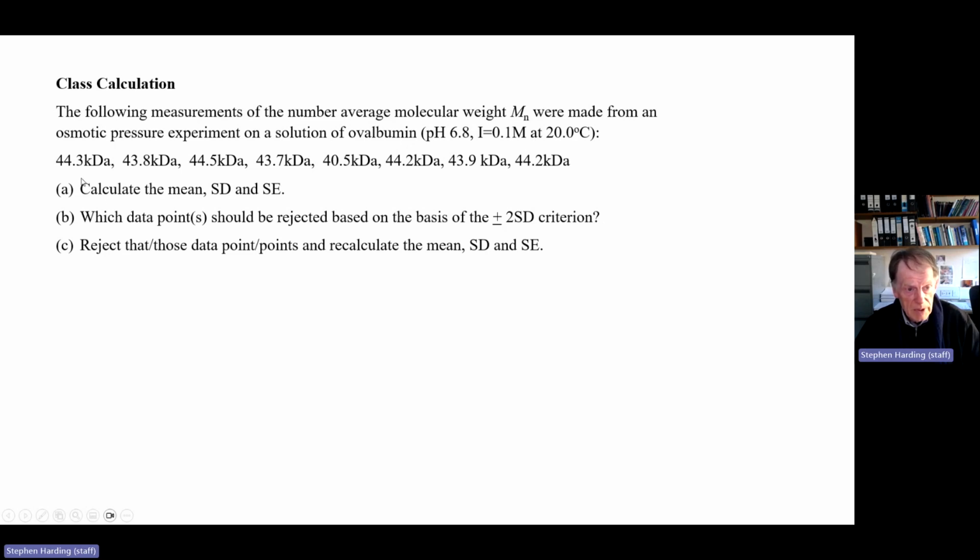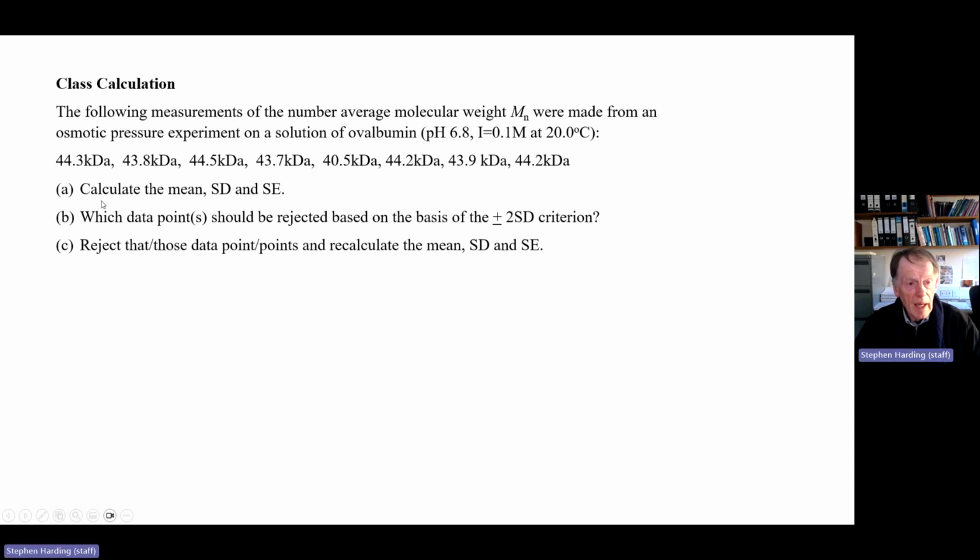We made 8 measurements, and these are the values we get: 44.3 kilodaltons, 43.8 kilodaltons, 44.5 kilodaltons, 43.7 kilodaltons, 40.5 kilodaltons, a little bit lower, so that might be out, 44.2 kilodaltons, 43.9 kilodaltons, and 44.2 kilodaltons.